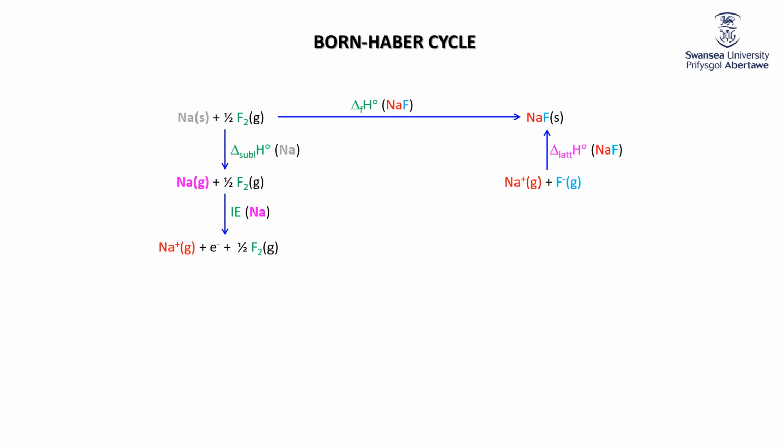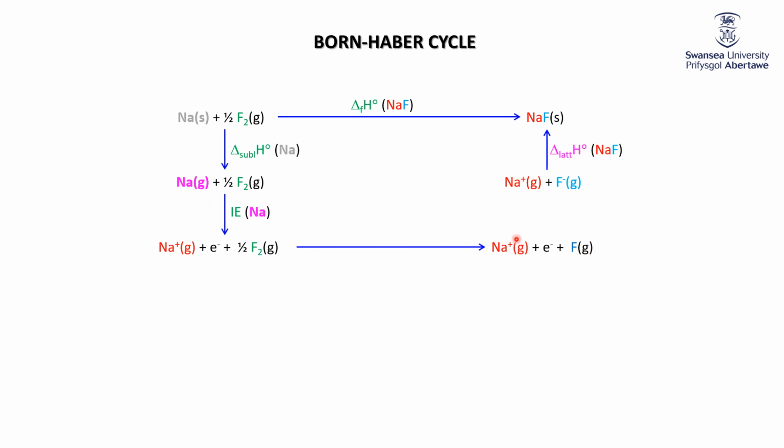Now let's pay our attention to making the anion from the non-metal, and in this case the non-metal fluorine, which is already in the gas phase, but that's nice. But as we said on the previous slide, it is in a diatomic molecule. So the first thing we have to do is break that diatomic molecule apart to get one of the fluorine atoms.